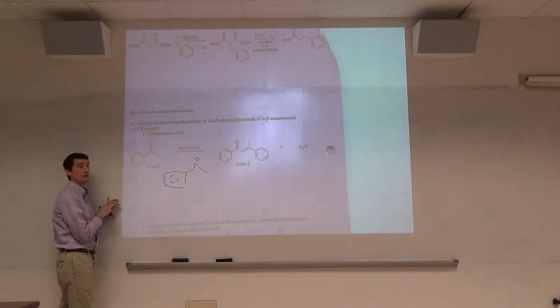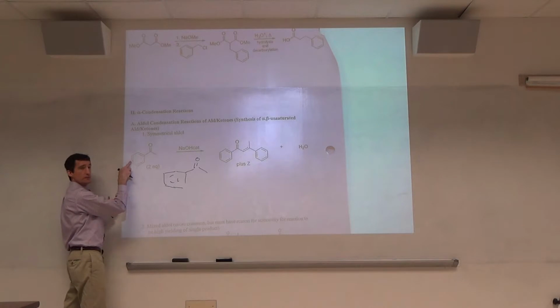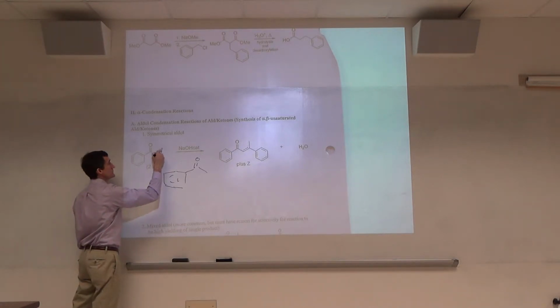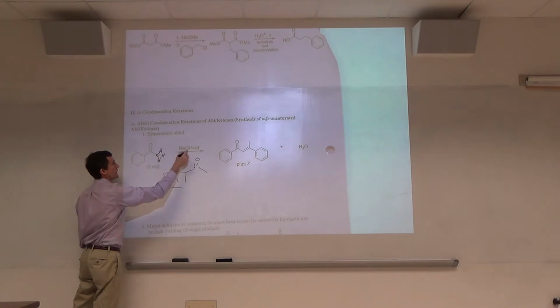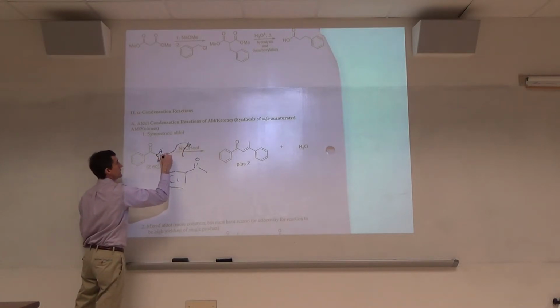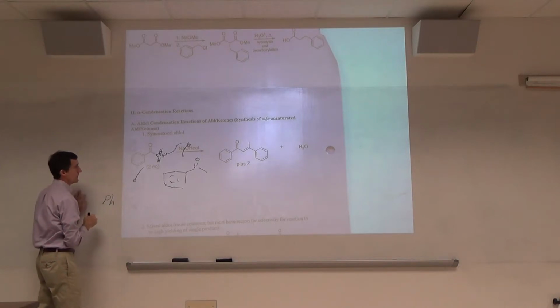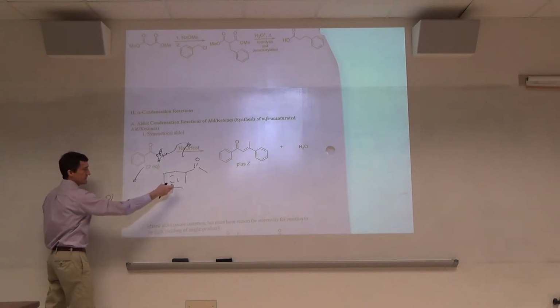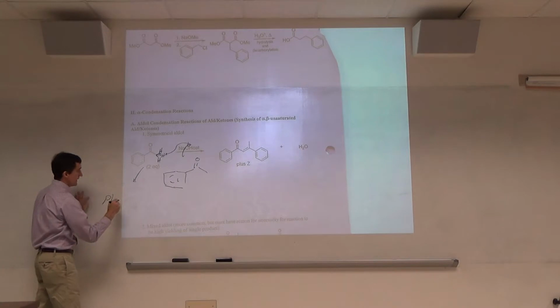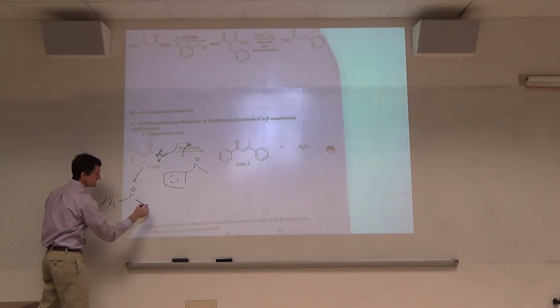Chris? Deprotonate. Deprotonate what? One of these H's on the ring? No, it's not on the ring. Right here? Yes. We have hydroxide, deprotonate, we get, I'm going to call this phenyl 1, I'll eventually maybe call that phenyl 2 right there. So we're going to make the enolate.